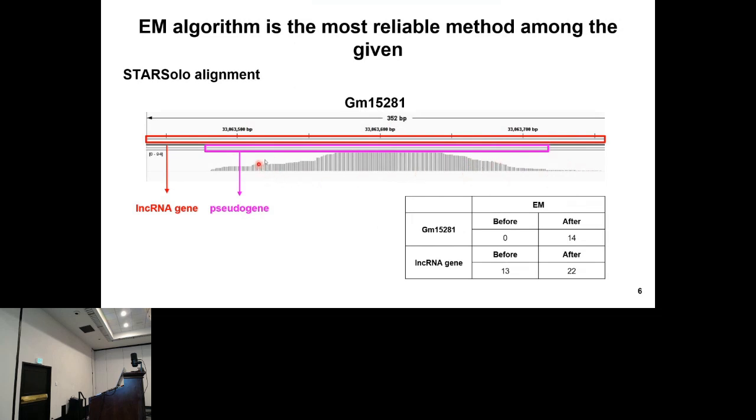However, based on the sequence coverage, even though all of those are multi-mapped reads, it's reasonable to assume that pseudogene is also expressed in our data. And indeed, EM algorithm was able to rescue some reads to this particular pseudogene.